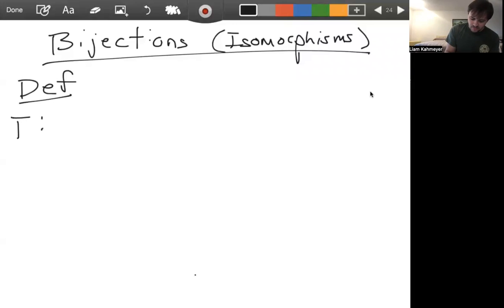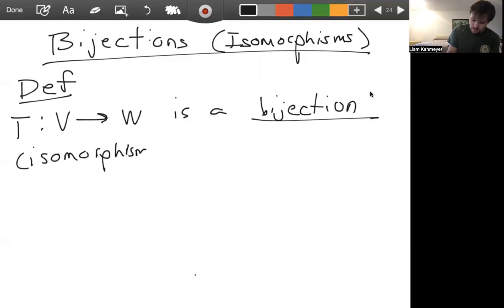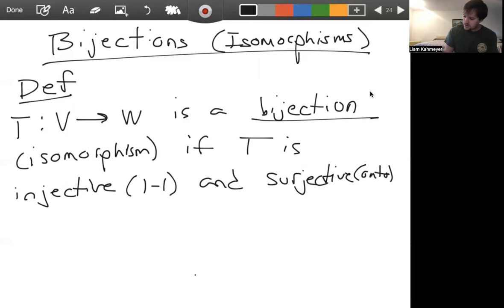So let T from V to W be a linear transformation. This linear transformation is a bijection, or again, an isomorphism, if T is injective, which is 1-to-1, and surjective, which is onto, right?